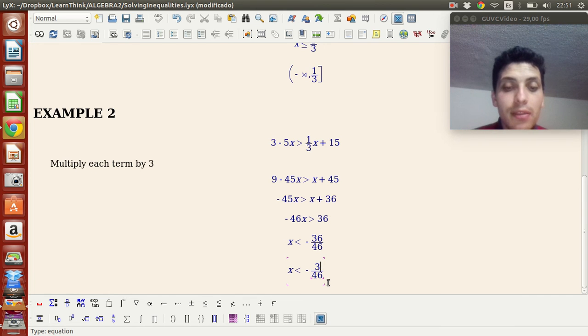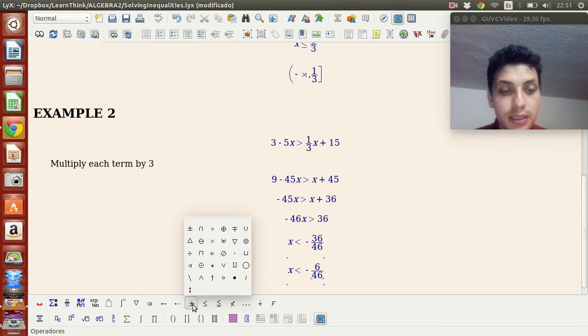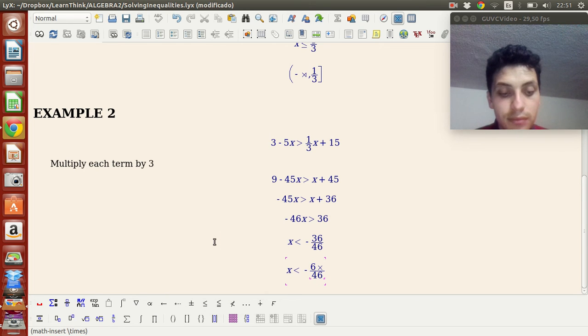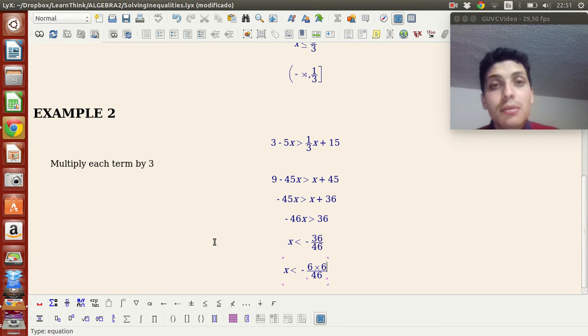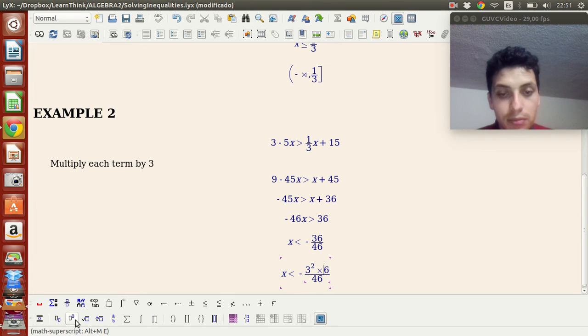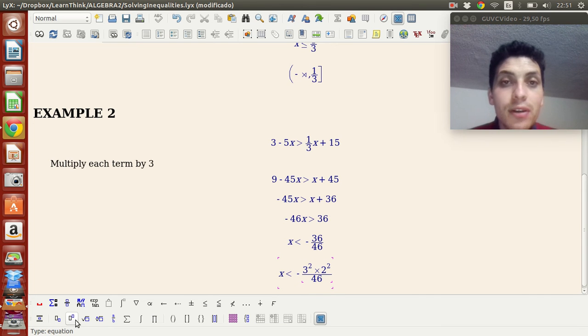For example, 36 is 6 times 6, or 3 to the second power times 2 to the second power. So 3 to the second power times 2 to the second power, divided by 46.